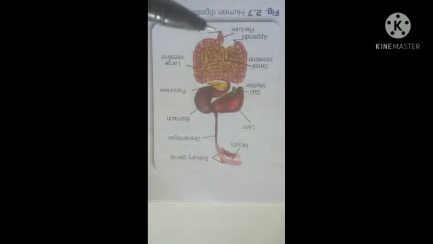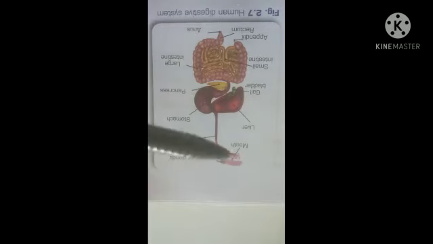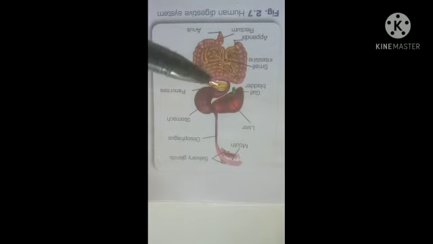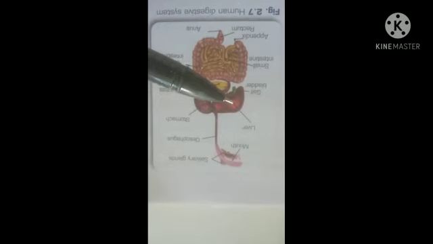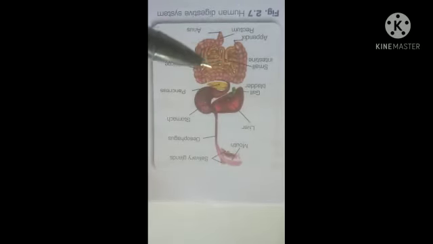In this alimentary canal, for the digestion of food, various digestive glands are present. Some are inbuilt and some are associated. You can see in the mouth region, 3 pairs of salivary glands are present. In the stomach region, inbuilt gastric glands are present, and in the small intestine region, pancreas, liver, and intestinal glands are present.